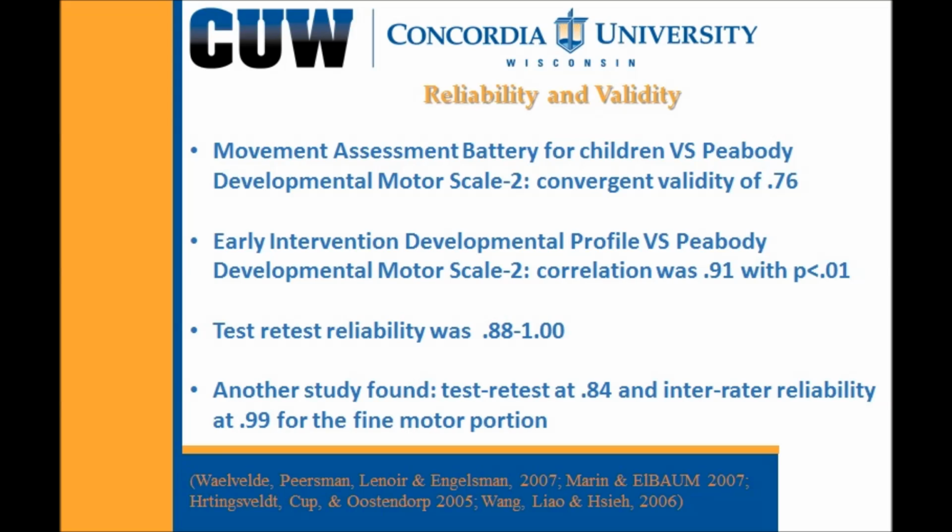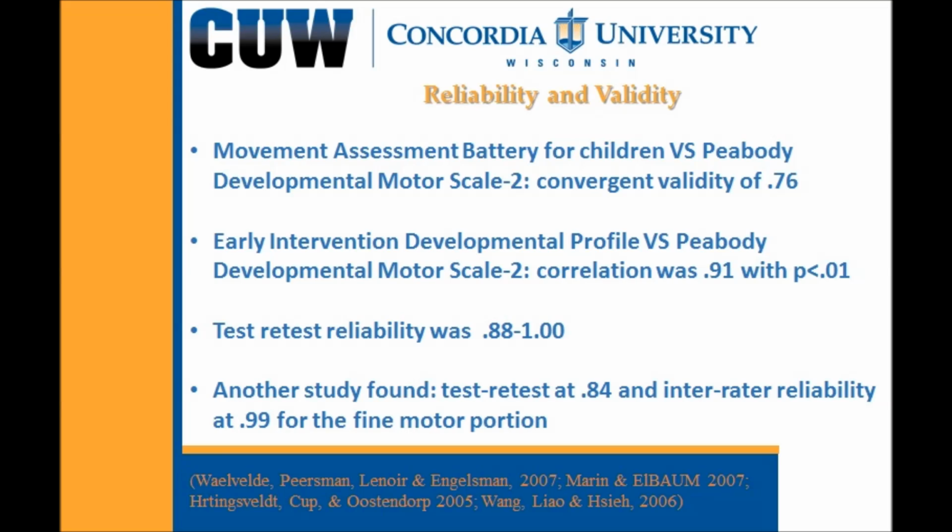Furthermore, we did additional research on the Peabody for validity and reliability. We found that the Movement Assessment Battery Test for Children, when it was compared with the Peabody 2, convergent validity of 0.76 was found, which means that it was pretty good.